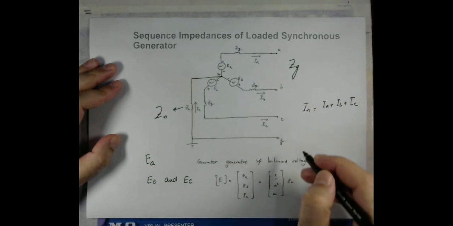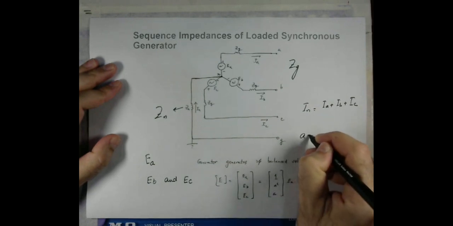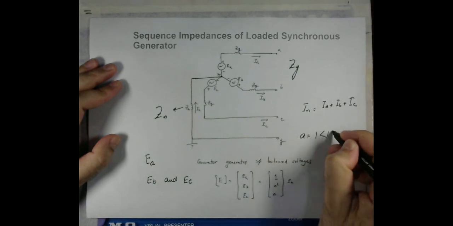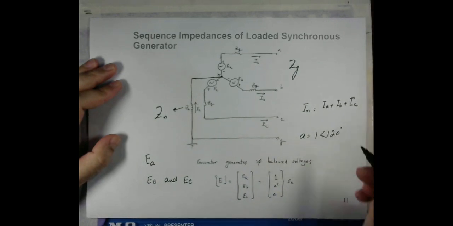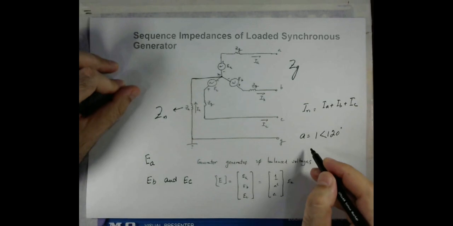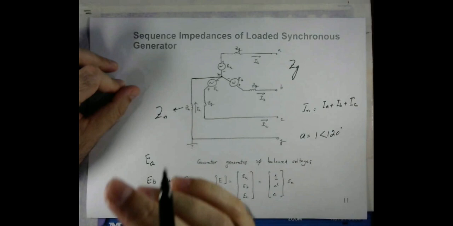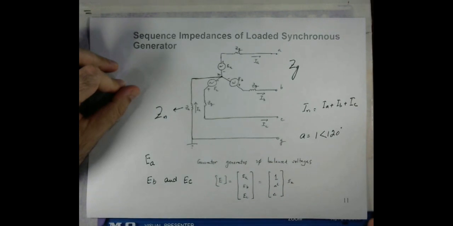We discussed an operator a, which is equal to 1 angle 120 degrees. Whenever this operator a is multiplied with a phasor, it rotates that phasor by 120 degrees anti-clockwise.